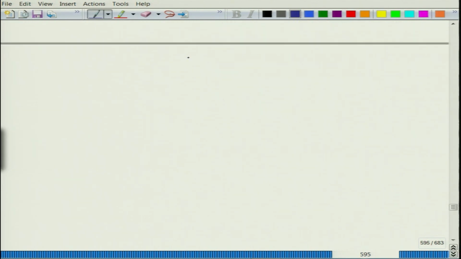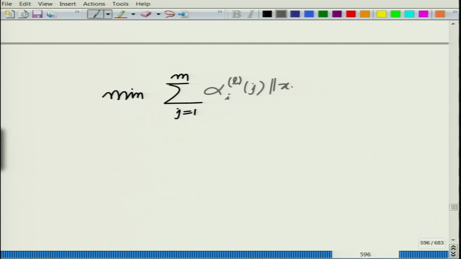Consider the summation over j for each i, j equal to 1 to m, alpha i L j norm x bar j minus mu bar i whole square, and we have to minimize this.